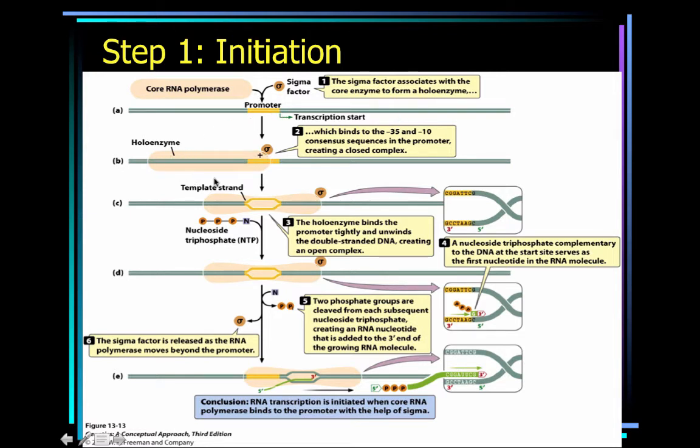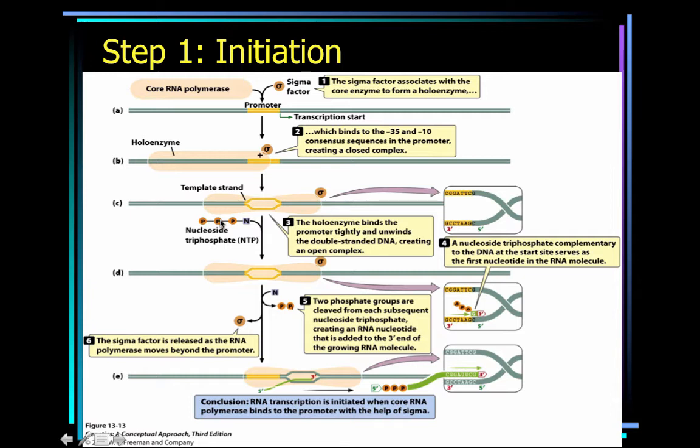So that holoenzyme is when the sigma factor is actually attached to the RNA polymerase, and that whole unit is then going to bind to the -35 and -10 consensus sequences in the promoter region that we just talked about.